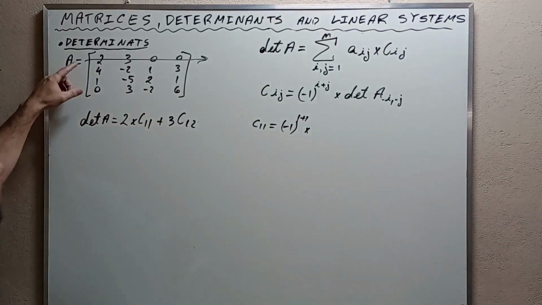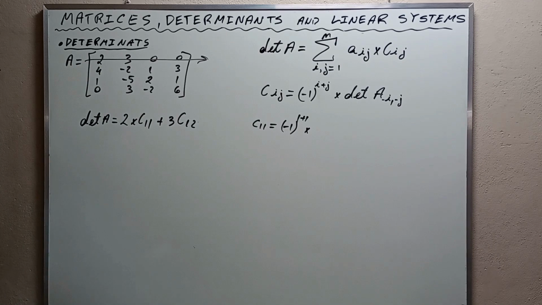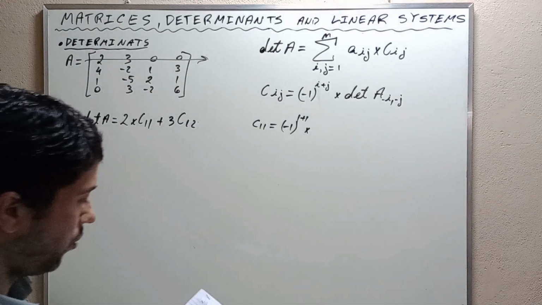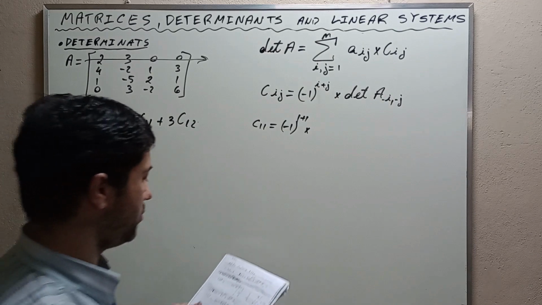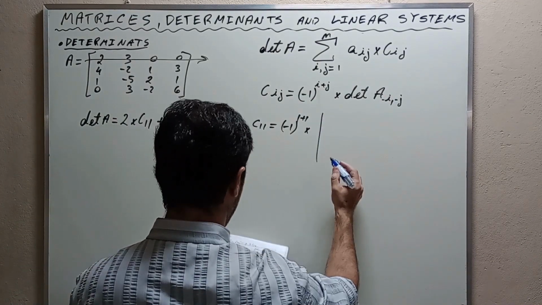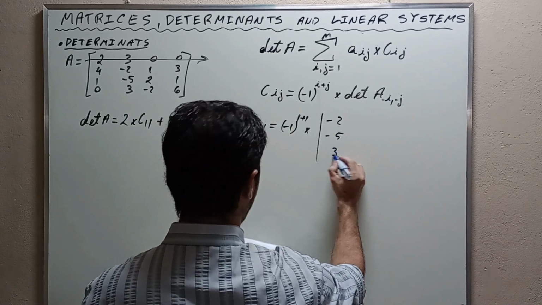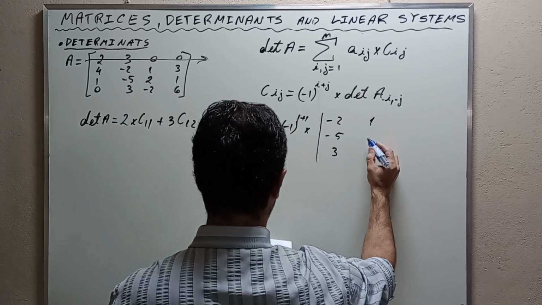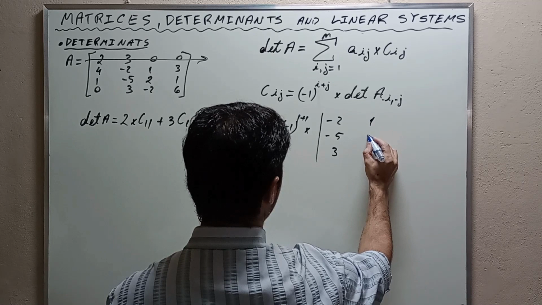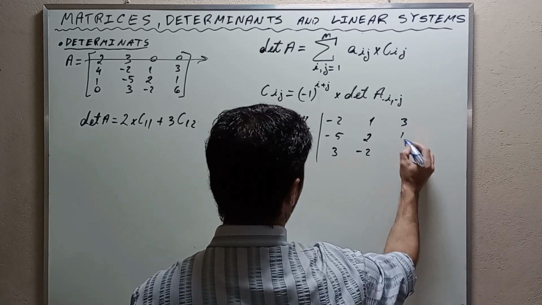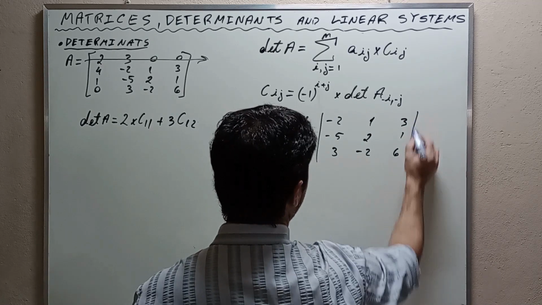We take the original matrix and remove row 1 and column 1, and the matrix that results from this removal is negative 2, negative 5, 3; 1, 2, negative 2; 3, 1, and 6.